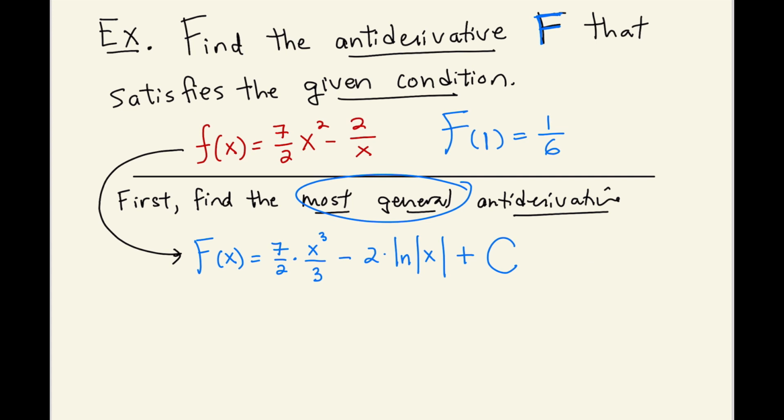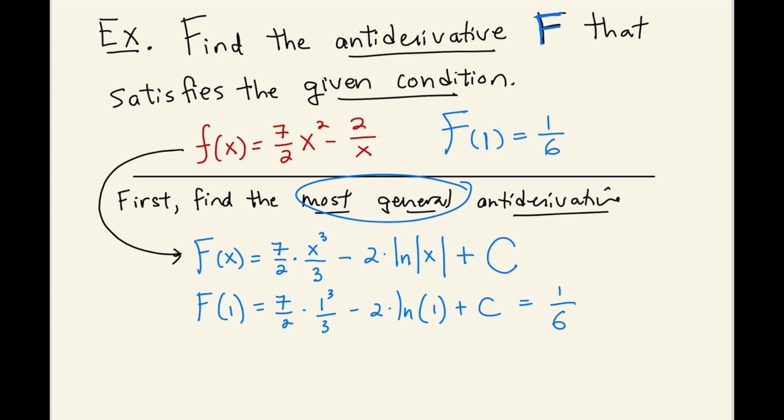So how do I find a specific antiderivative that satisfies this condition? Well, all I'm going to do is plug 1 in and 1/6 in, and that's going to allow me to solve for C. So in this case, let's do that. So I have, and I end up with this expression.